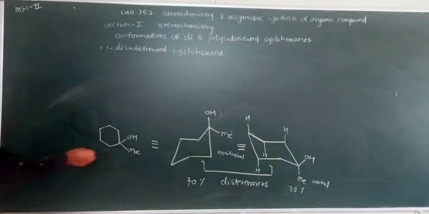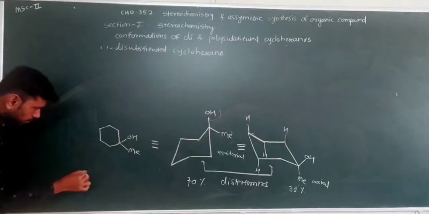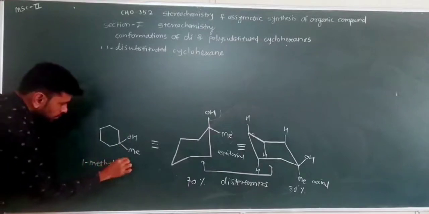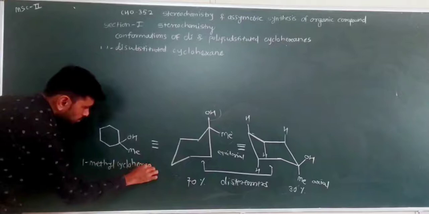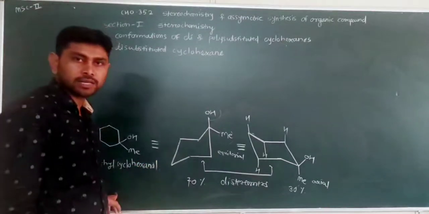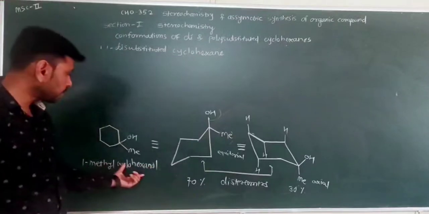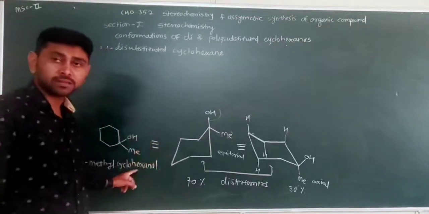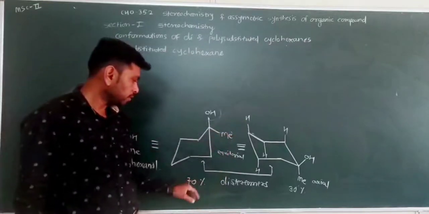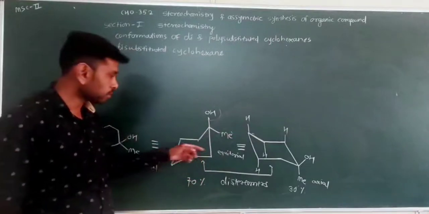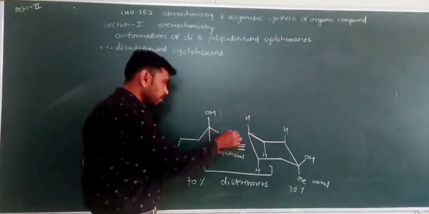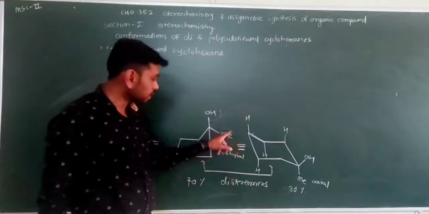Here we have taken 1-methylcyclohexanol. When arranged in chair conformation, we get 70% of this conformer and 30% of this conformer, because in this conformation the methyl group, which is the bulky group, is at the equatorial position.